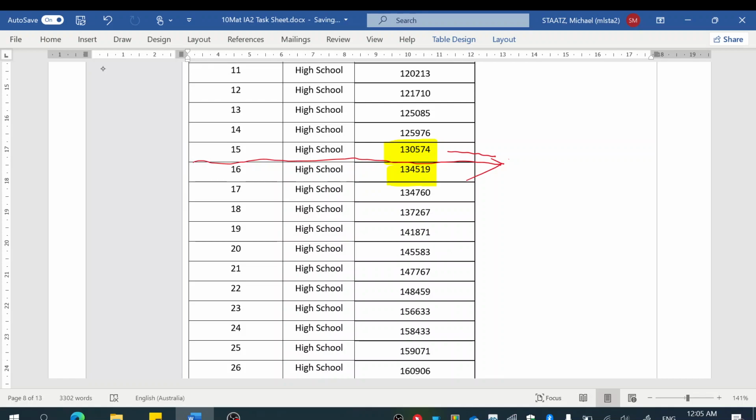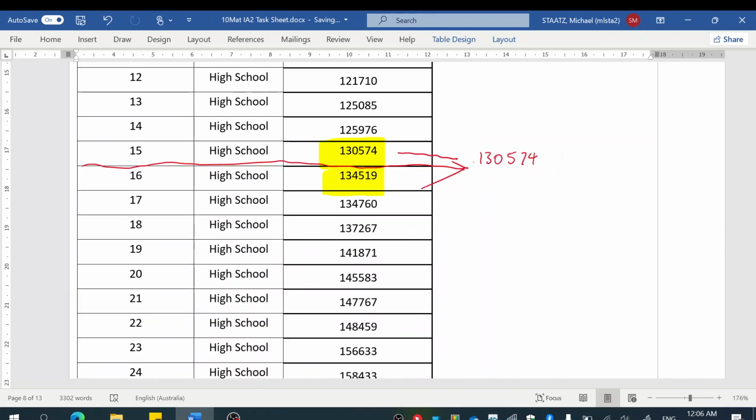So I have 130,574, and I'm going to add to that 134,519. So if I add those together, I grab out my calculator.